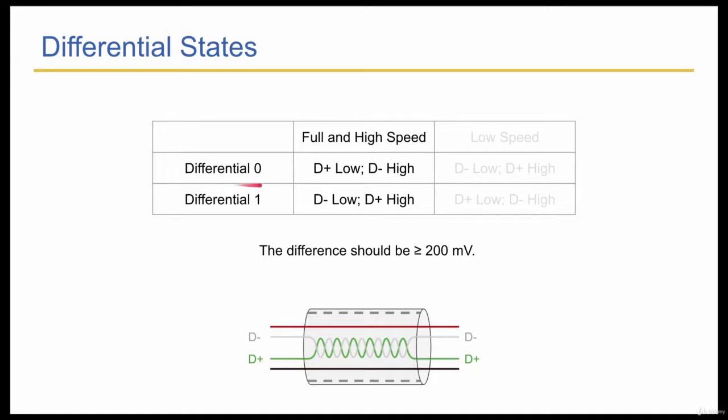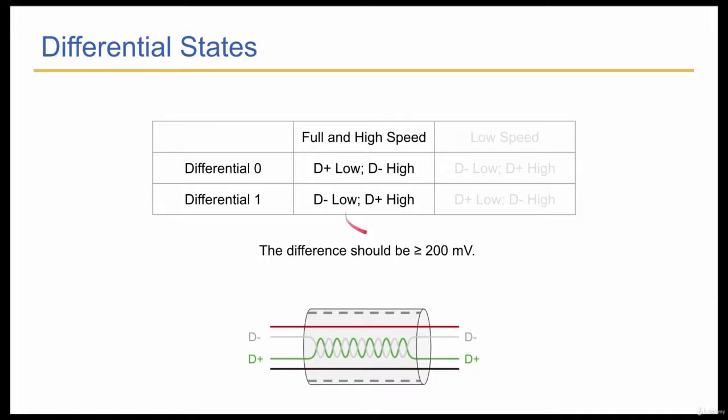So again, to send differential 0, the USB port or USB controller applies high voltage on the data line minus and low voltage on the D plus, or data line positive. And similarly, to send differential 1, the USB port applies high voltage on the D plus, or data line positive, and low voltage on the D minus.